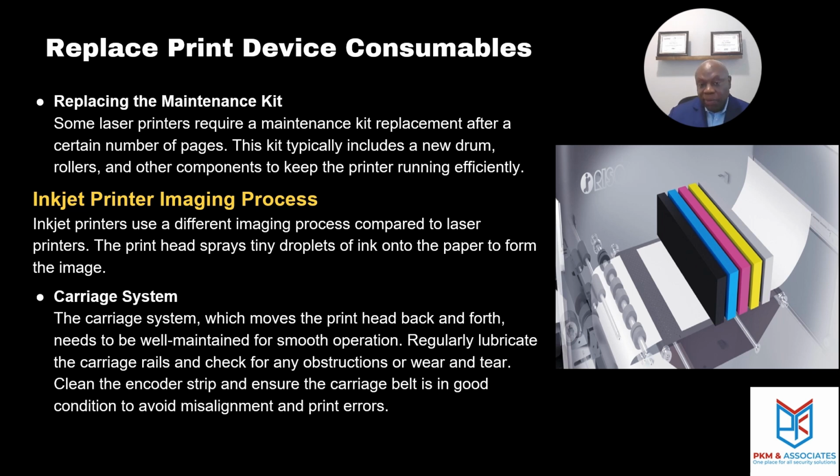You have to regularly lubricate the carriage rails and check for any obstacles or wear and tear. You want to clean the encoder strip and ensure the carriage belt is in good condition to avoid misalignment and print errors.